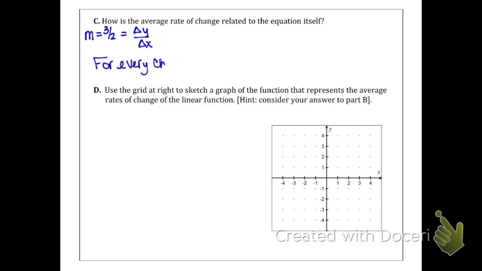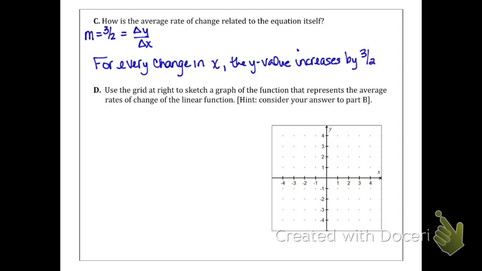So every change in x, and as x increases there, the y value increases by 3/2.